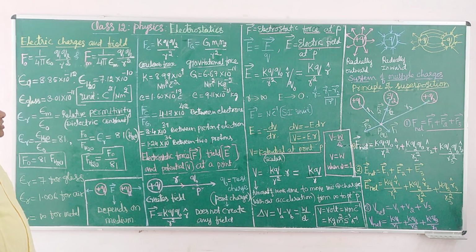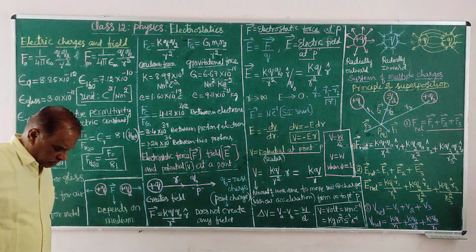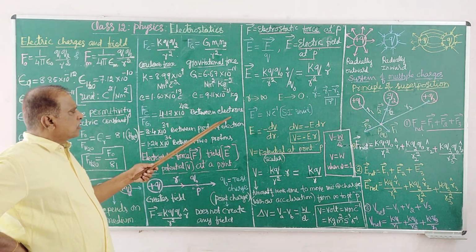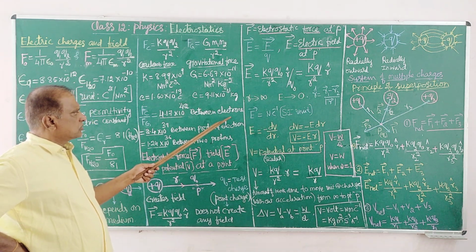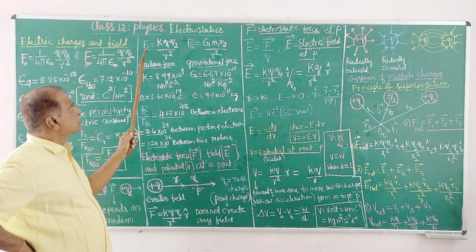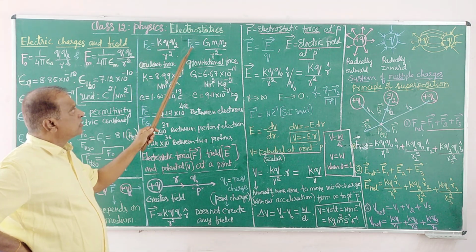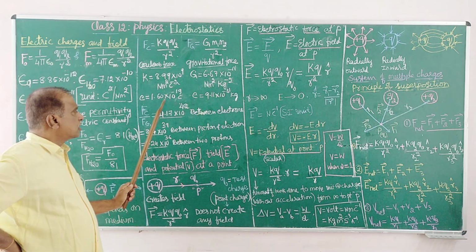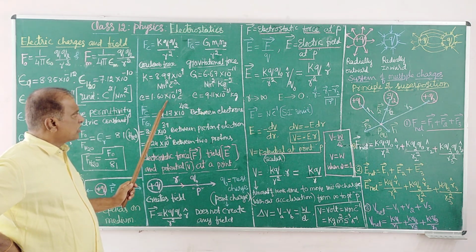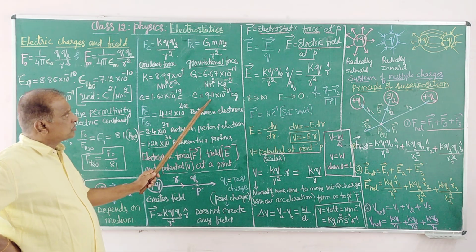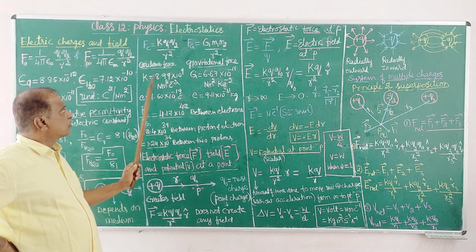And the comparison, what is that? Let us do the calculation. Take any two particles, let us take electrons. Between electrons, let us compare this force and this force. Calculate this force for the two electrons, and calculate this force for the same two electrons, using mass and charge. Both electrons have the same mass and the same charge. This is the gravitational force, this is the electric force.